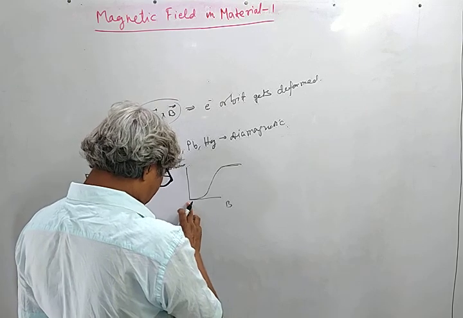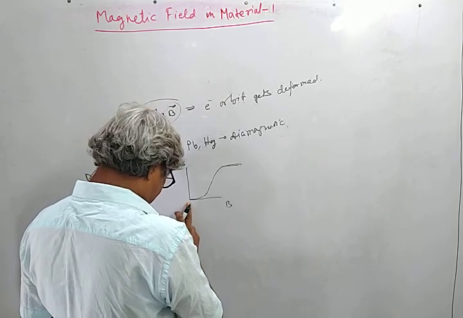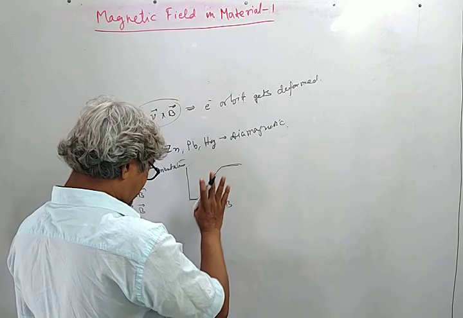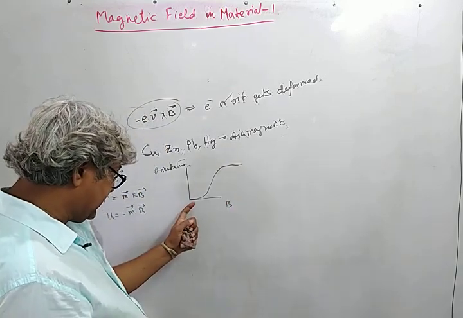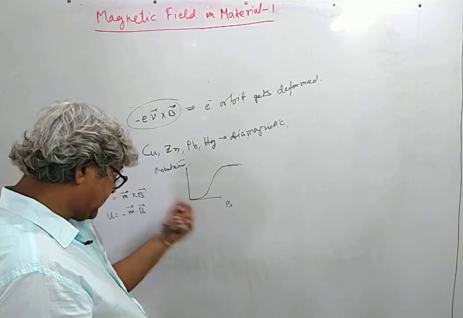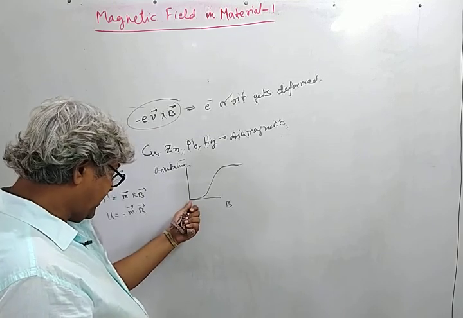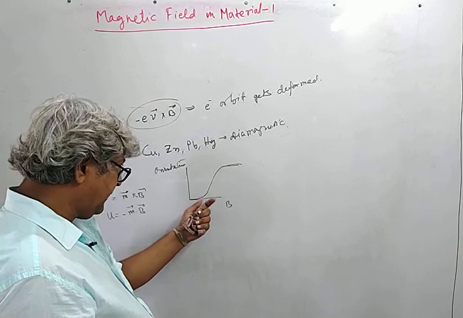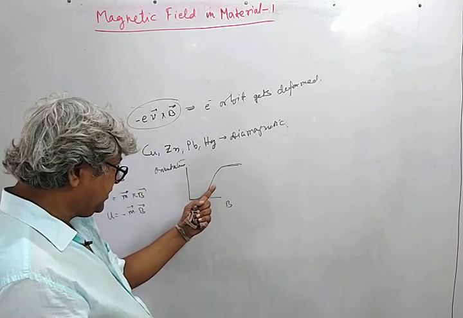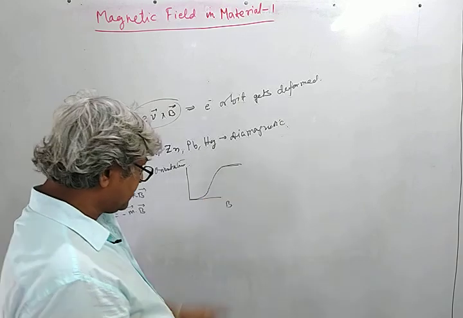It is seen that when zero field is there, there is no orientation; the dipoles are distributed at random. Whenever the field increases, the dipoles will try to orient themselves in the direction of the field, and the orientation will increase with the increasing magnitude of the field.